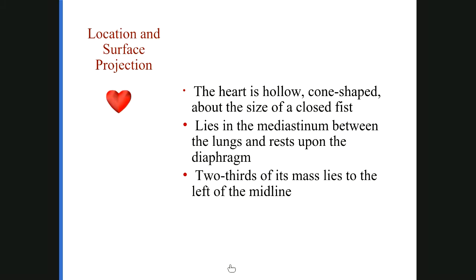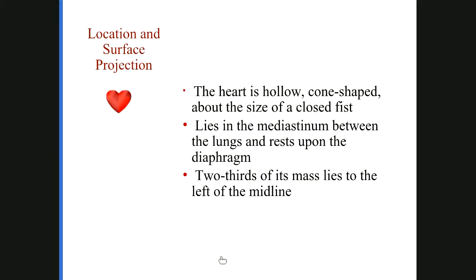If we could look at the heart, it's a hollow, cone-shaped organ about the size of a closed fist. It sits in a region called the mediastinum, which is a region in the thoracic cavity in between the lungs.